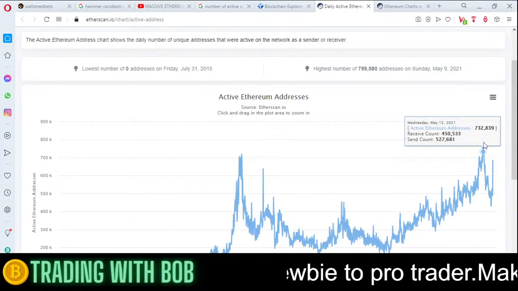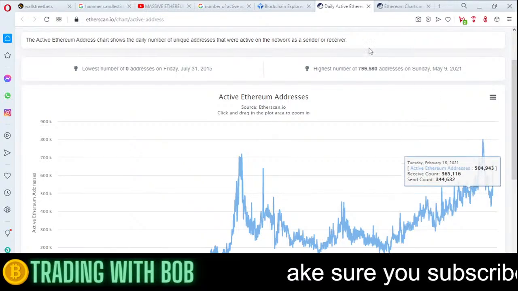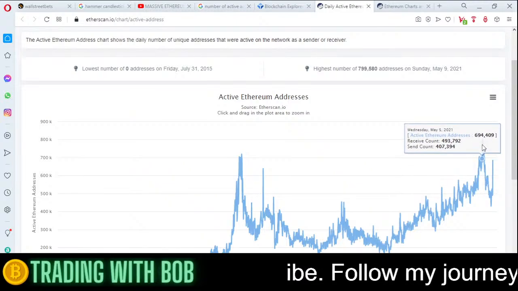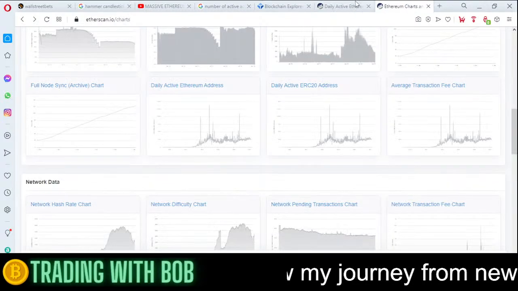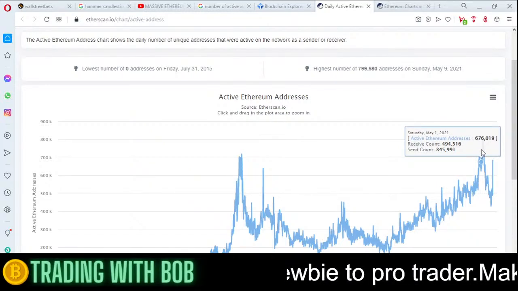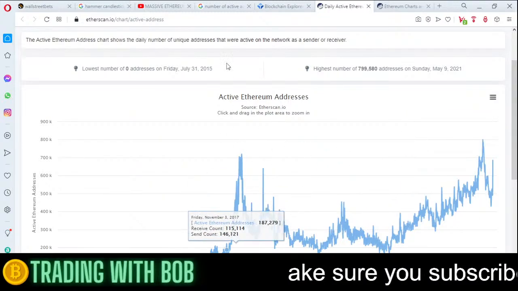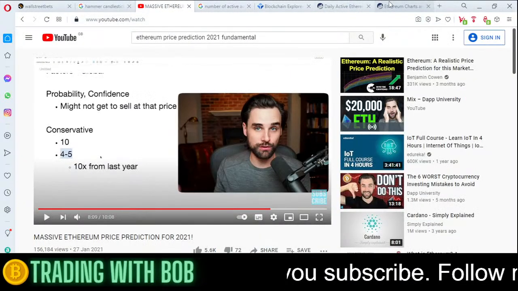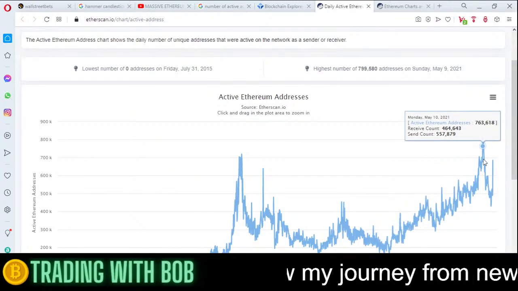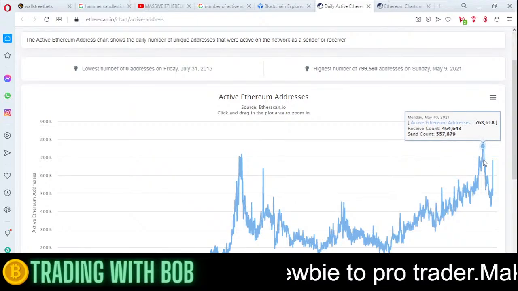So to be honest, Ethereum should actually be worth way more than Bitcoin, but Bitcoin is like a household name, do you know what I mean? More people know what Bitcoin is than Ethereum. That's why it's got this much value. So Ethereum should actually be worth more than Bitcoin, because like I said, and the video here said, a cryptocurrency's value is determined by how many active people they have on the network.